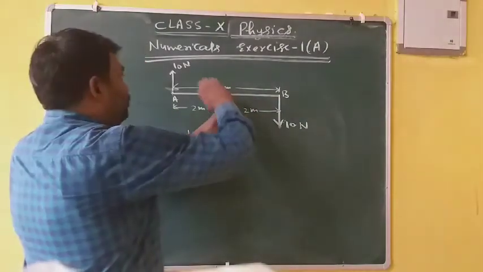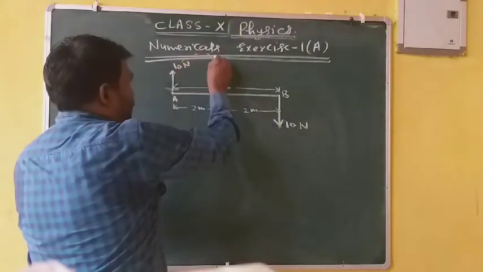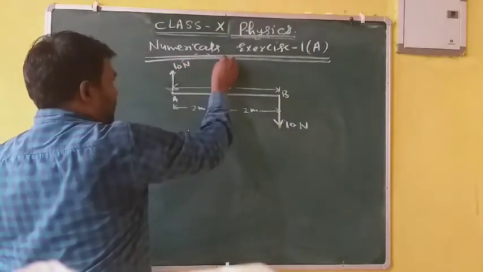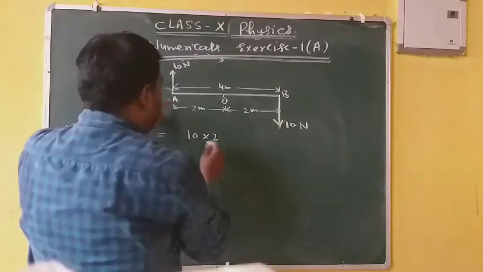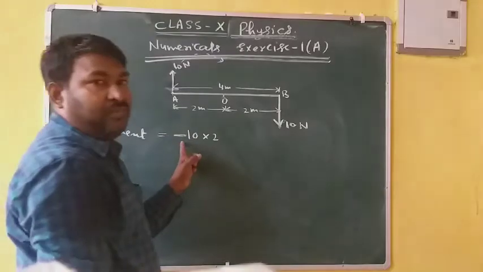About this point O, suppose this force is trying to rotate like this. That's why it is a clockwise moment, and hence it will be taken as negative.